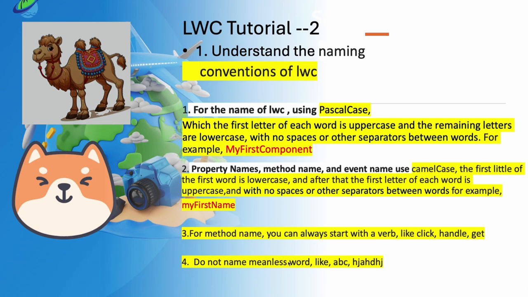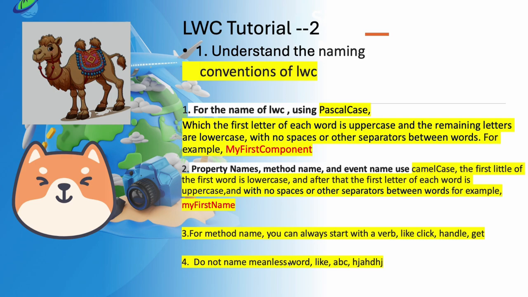And the final one: do not use meaningless words like ABC or meaningless combinations of letters, because other developers are going to read your code, and they will get confused about what you are going to do with this code.